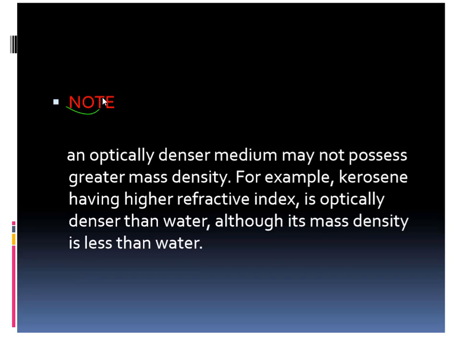So what it is trying to tell you is that here we are talking about the density of rarer medium and denser medium, but we are not taking density as mass per unit volume. We are taking optical density. What is optical density? Optical density is, per one unit time, per one unit volume, how much intensity of light can pass through it.